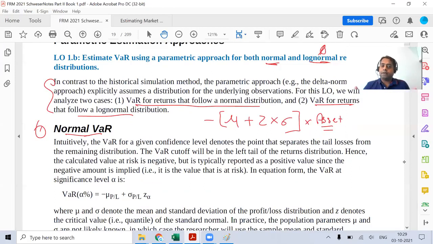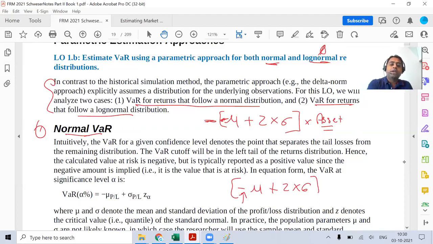When I open up the bracket, it's like this. You have to behave like this. Generally, this negative part is highlighted in terms of the mu component. Now, in some of the books, they have taken the negative outside the bracket. And in some of the cases, they have directly taken the negative over here. Now, why are we taking negative? Primarily because we are talking about the left hand side.